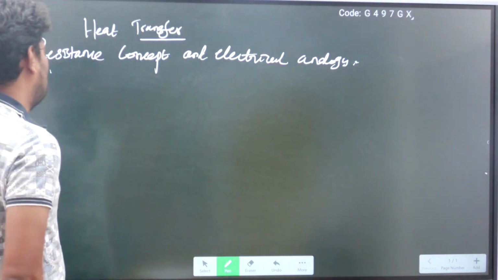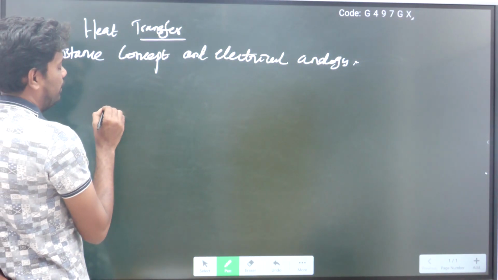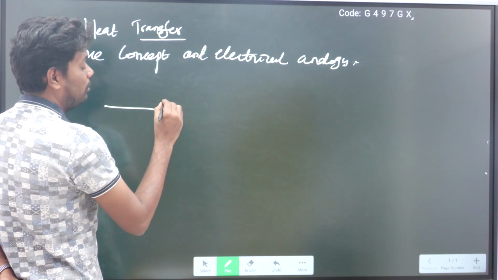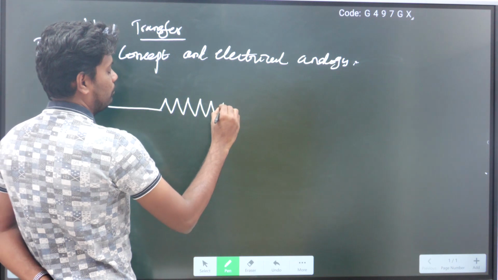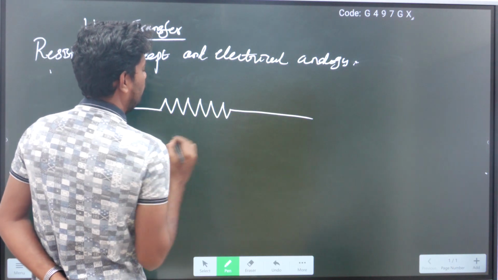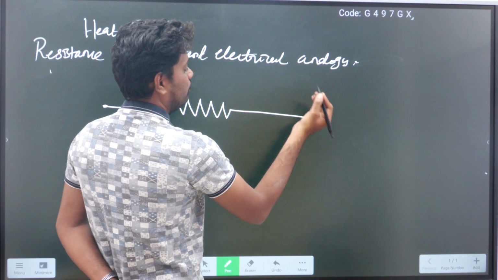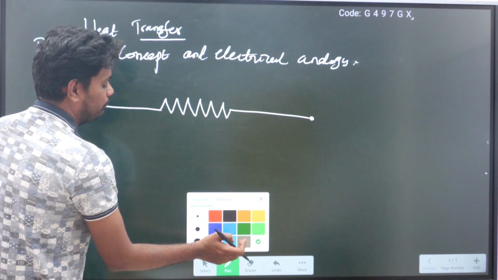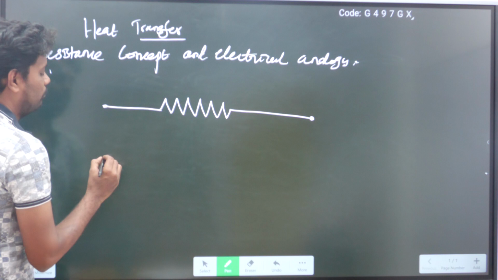Suppose we take a wire in which current is flowing. That wire is made of one material which has some resistance, that is electrical resistance. This is one end of the wire, this is another end of the wire. In a similar manner I will draw for thermal.